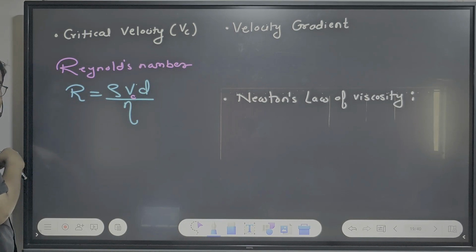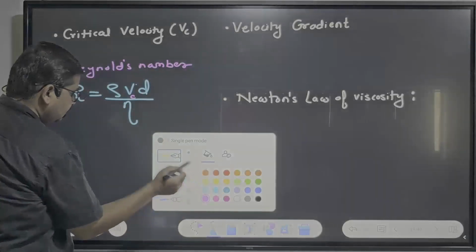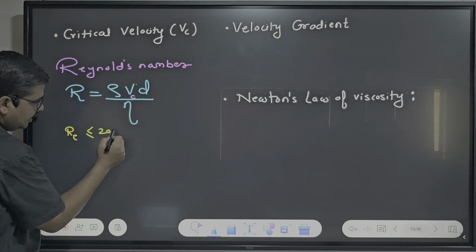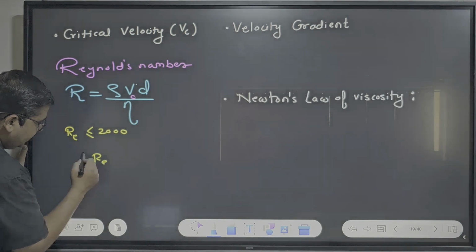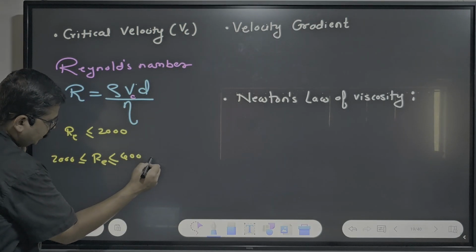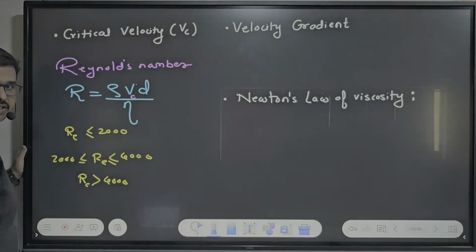Clear? And what is the significance of Reynolds number? It is used to determine the type of flow. So what is the range? When the Reynolds number is less than 2000, when it lies between 2000 and 4000, and when it is greater than 4000.